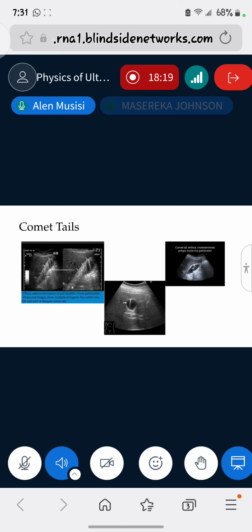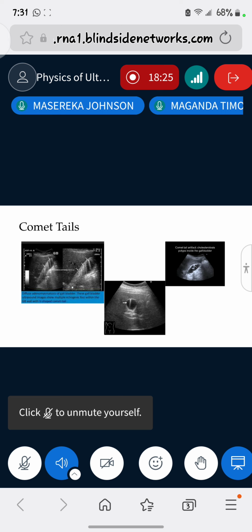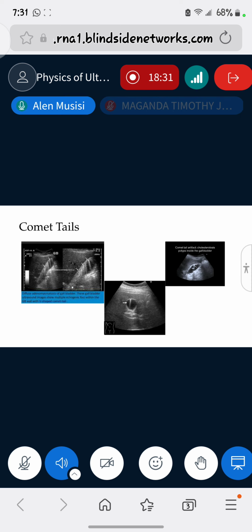Maseleka, are you saying something? It signifies ulcerations, like someone with gastritis. That's how normally the wall looks. Okay. So other things you can find out from the experienced sonographers, but yes, it signifies something not right about the wall of the bladder.